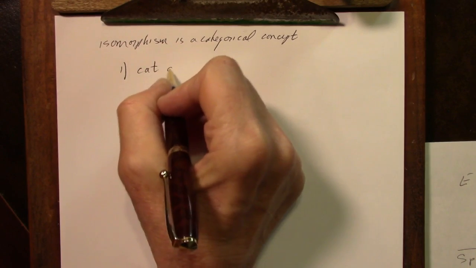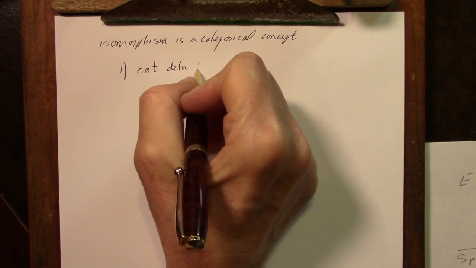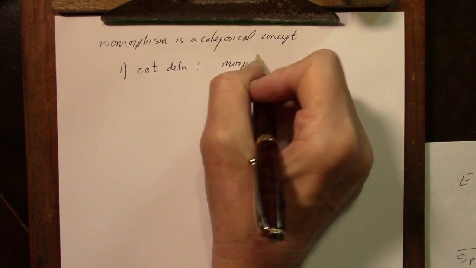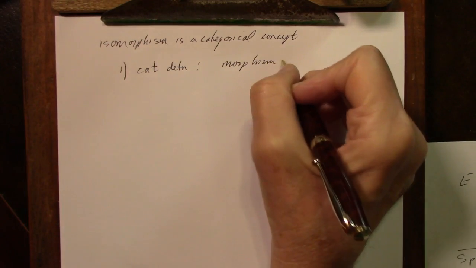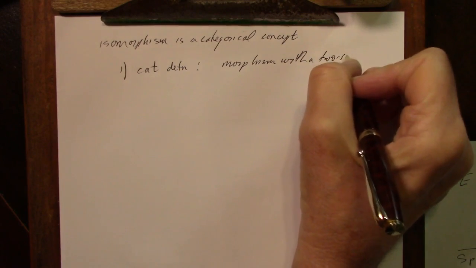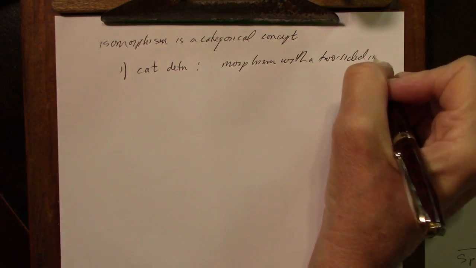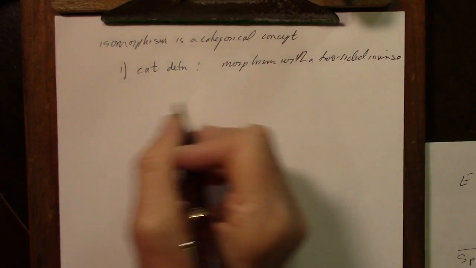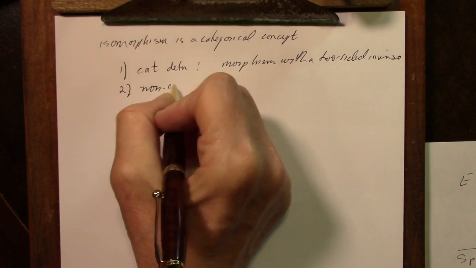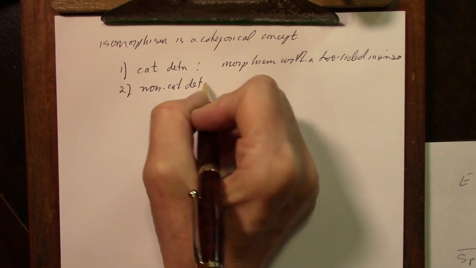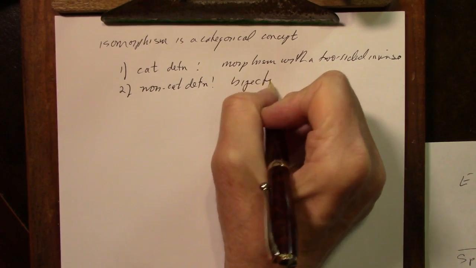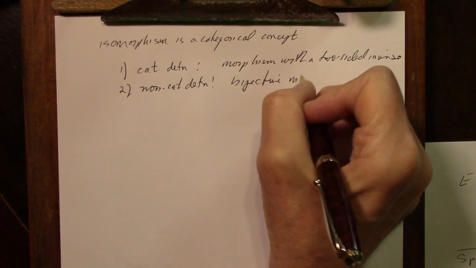There's the categorical definition, and that's a morphism with a two-sided inverse. And there's the non-categorical definition, which is a bijective morphism.